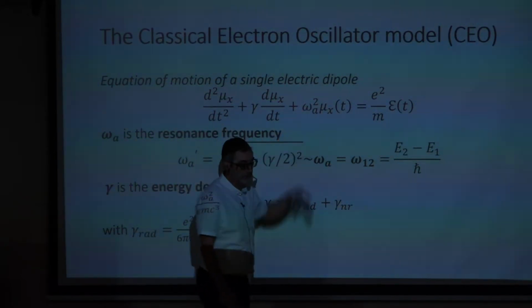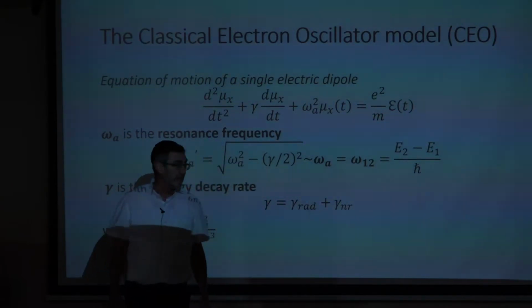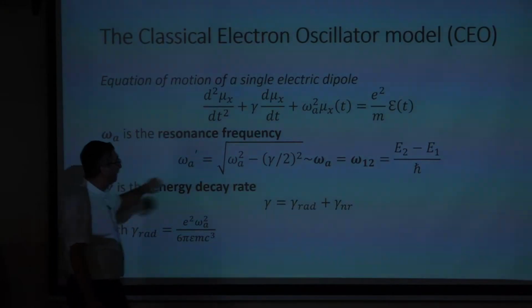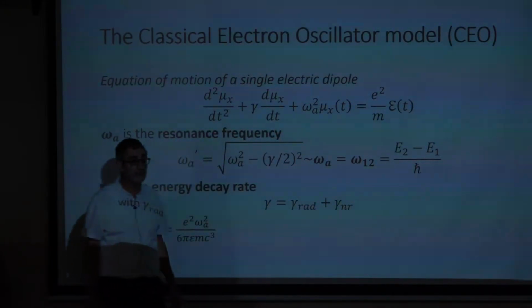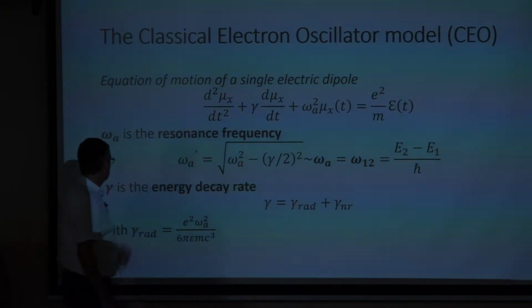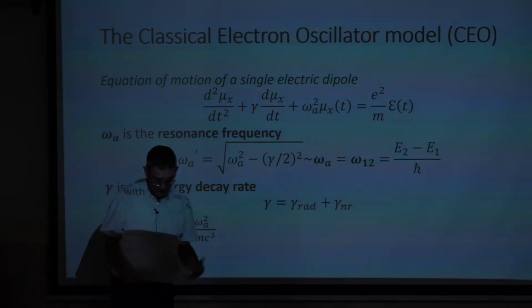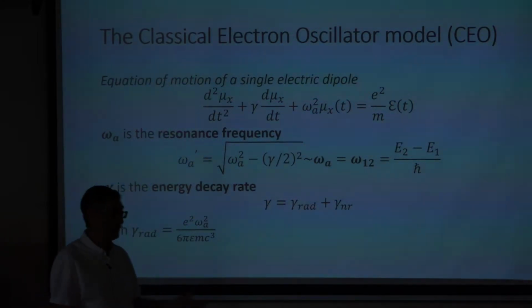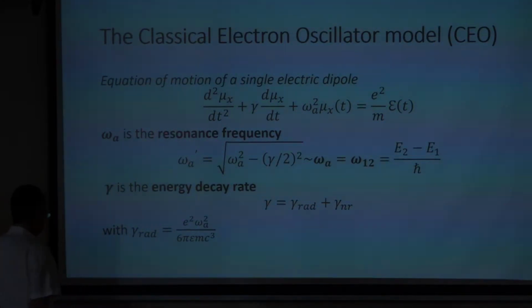One gives you the natural oscillation of the dipole at the resonant frequency omega A, and the second term here is the damping term, where gamma describes the energy decay rate of the system. So it's really a spring mass oscillator with some damping element.